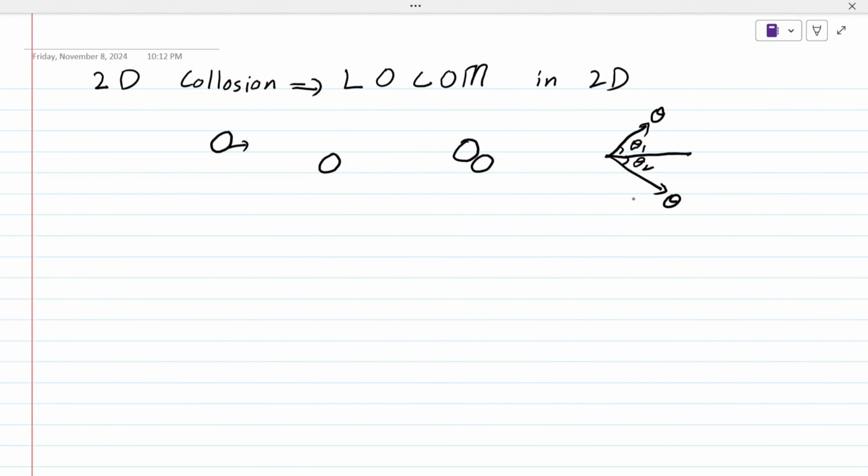Listen up. It does not matter whether the collision is one dimension or two dimensions, momentum must be conserved.